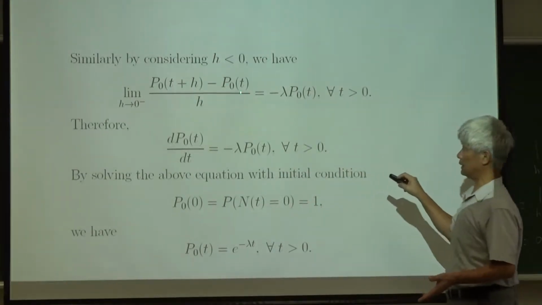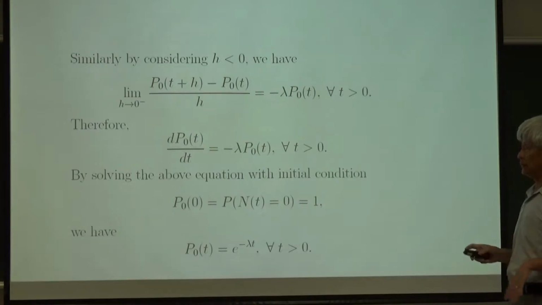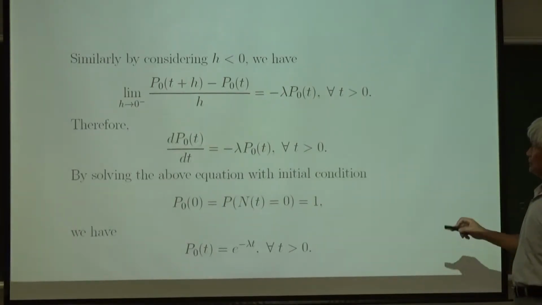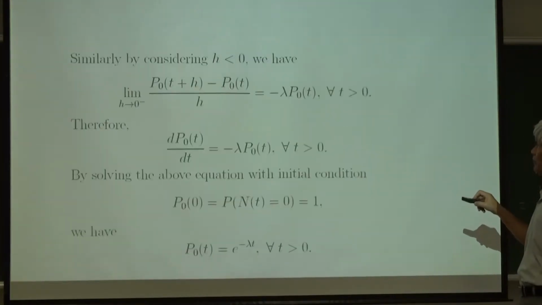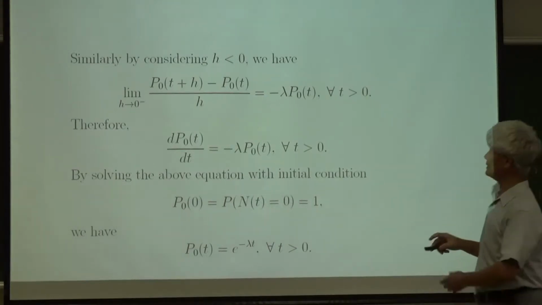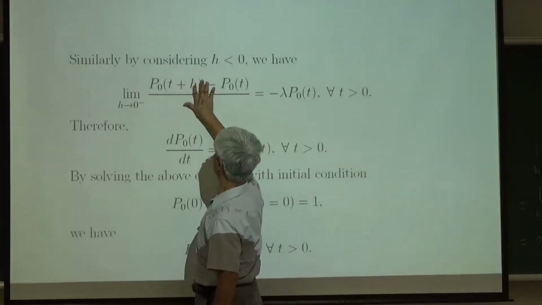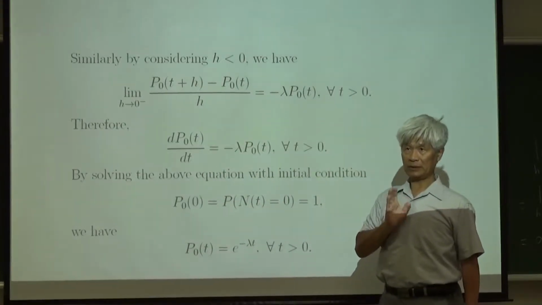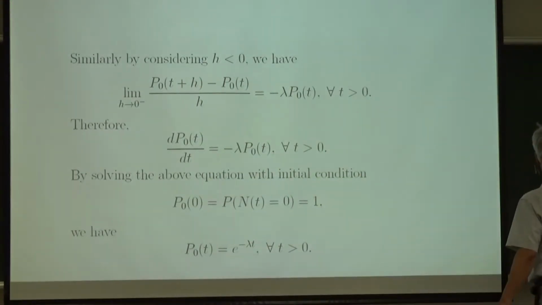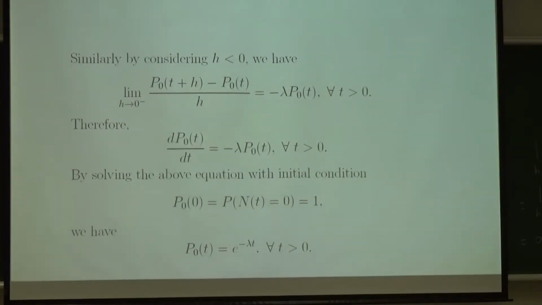With similar consideration, I just omit the details. You can follow a similar argument here. But remember that h is less than 0, so this time is before the time t. You draw the line here, and this is t plus h, because h is less than 0.